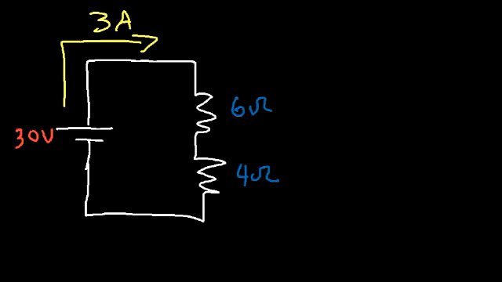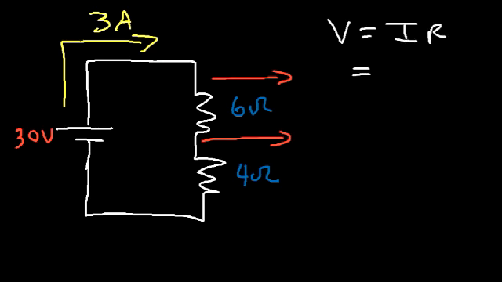Now, what is the voltage drop across each resistor? Let's start with the 6 ohm resistor. What is the voltage across it? We have 3 amps of current flowing through the 6 ohm resistor. To find the voltage across it, use Ohm's law, V equals IR. So 3 amps times 6 ohms gives us a potential difference of 18 volts.